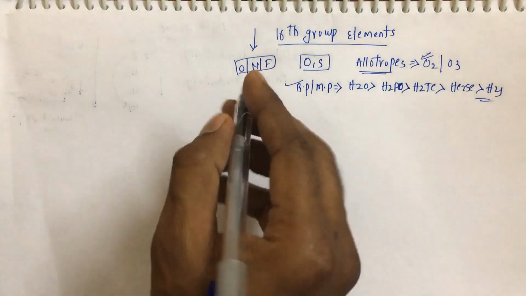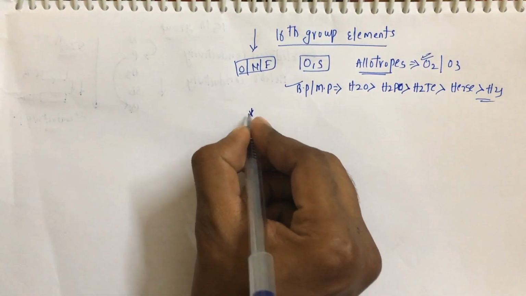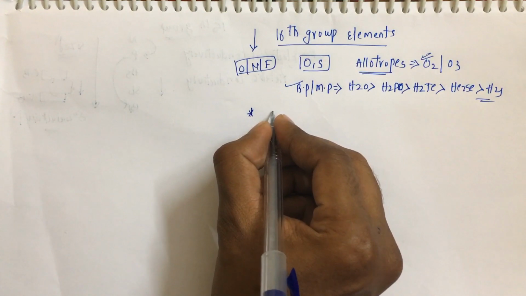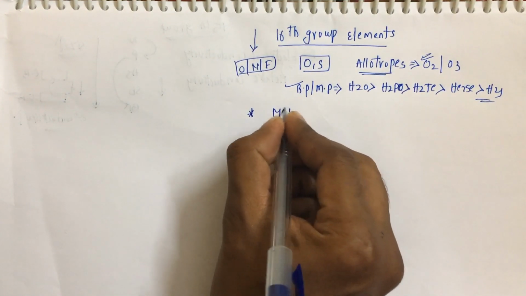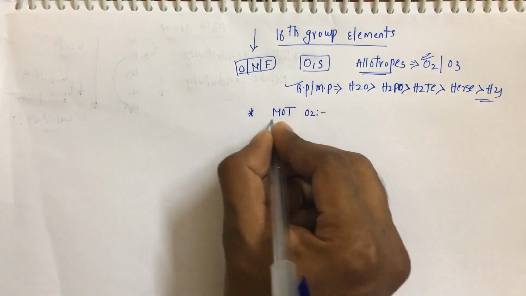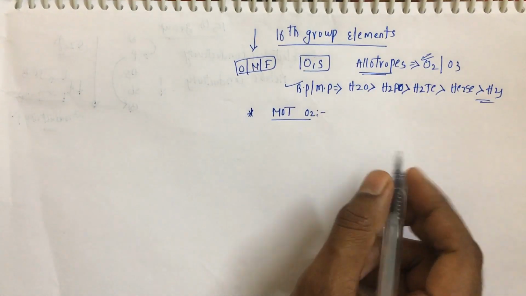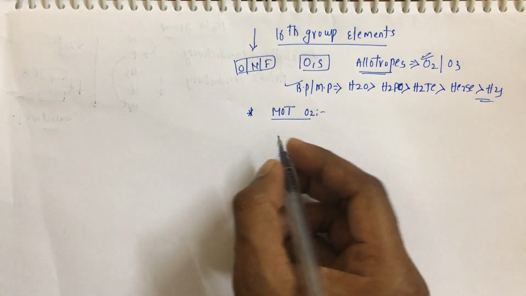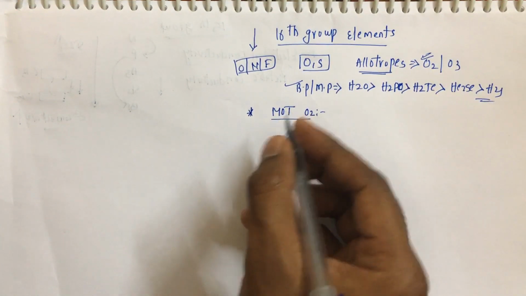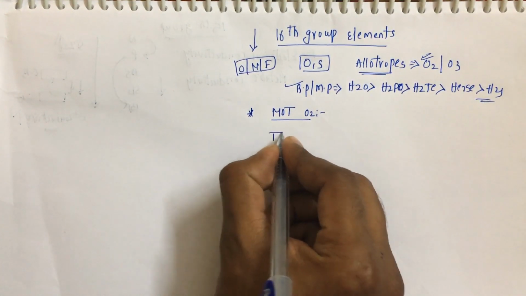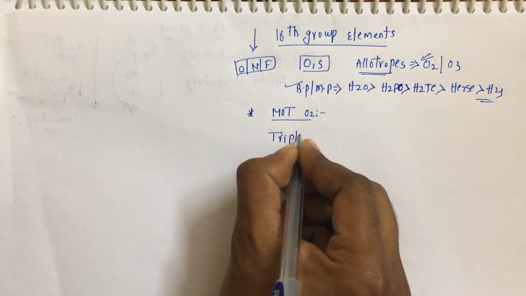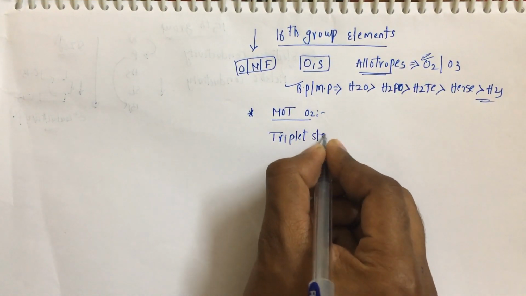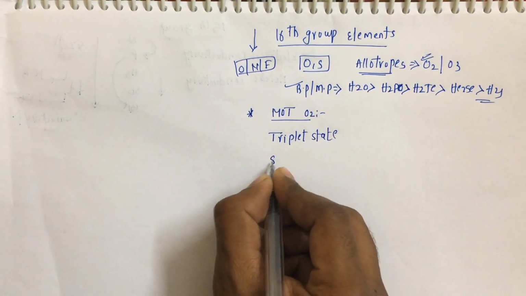In molecular oxygen, first we talk about the MOT of oxygen. I am not going into the details because the MOT of oxygen is well known, so I will tell only a few things. Here we have two states, a triplet state as well as a singlet state.